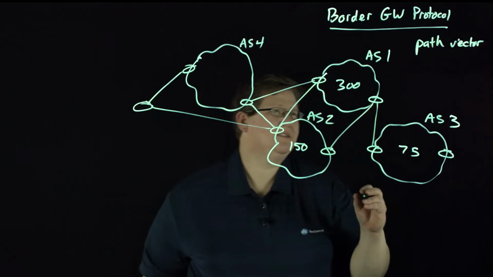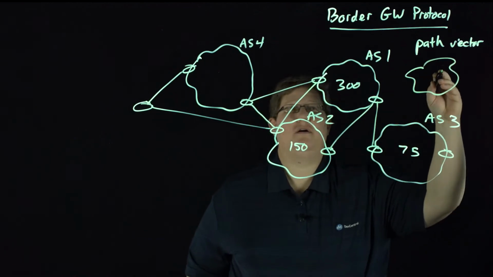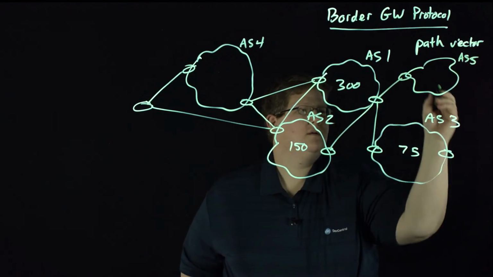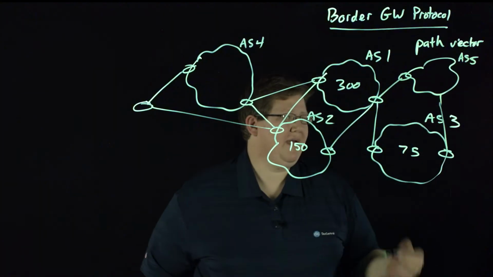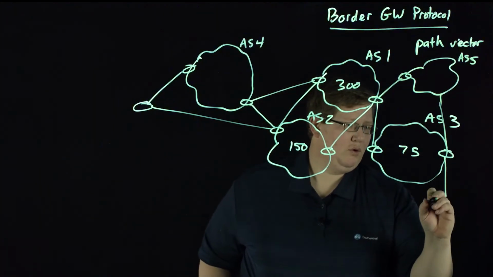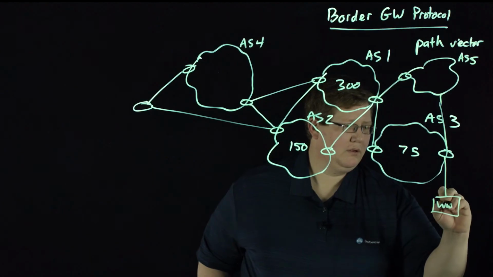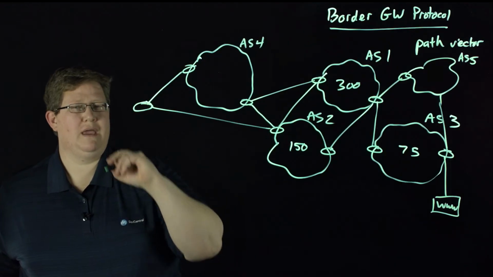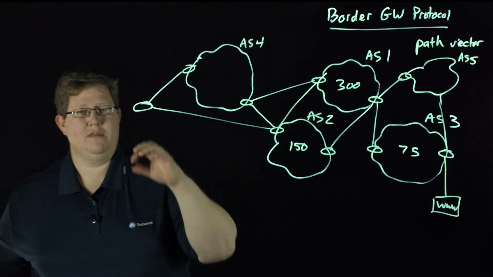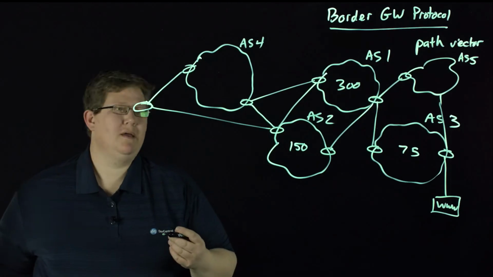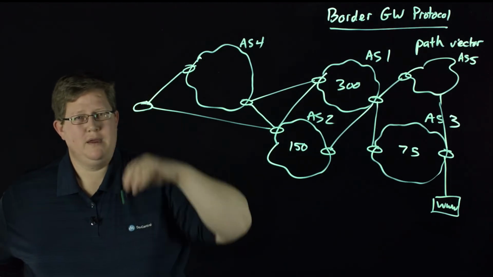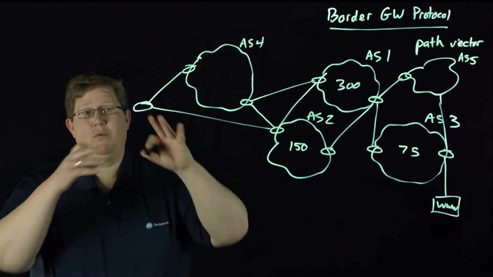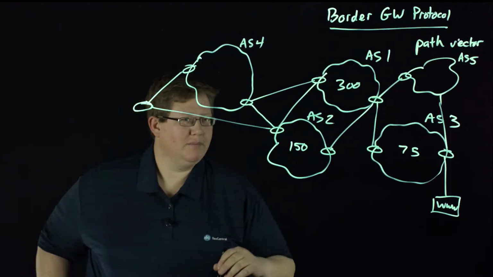Say there's another one out here, we'll call this AS5, and they're all connected. Say you have a website out here that you want to go to. On your gateway router, in this case, this would be maybe your mom and pop ISP, or even a Charter or a Cable and Wireless, which was actually bought by another company.